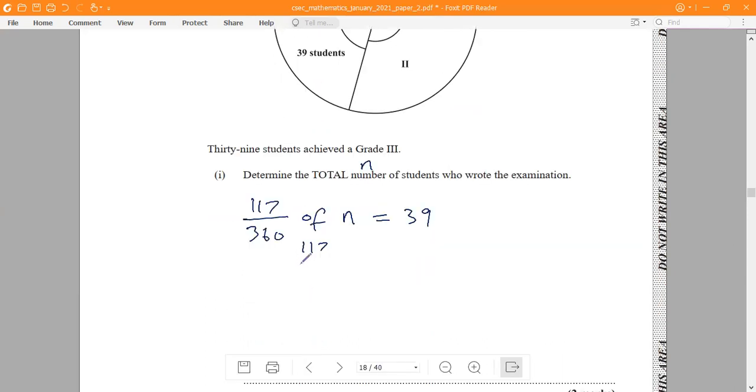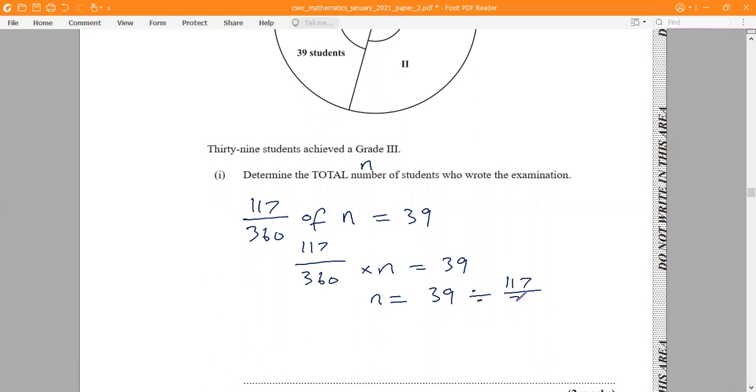We can make an equation out of this: 117 over 360 multiplied by n is equal to 39. We want to find n, so we will divide 39 by 117 over 360, which is 39 over 1 multiplied by 360 over 117, because we have to invert the second fraction.